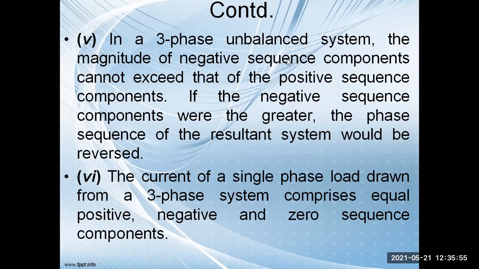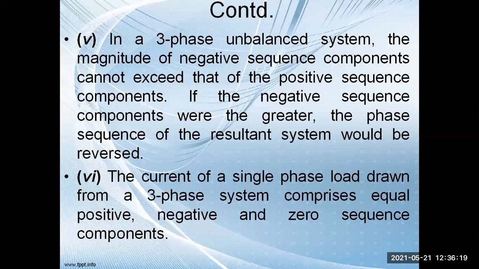Now, the current of a single phase load drawn from a three-phase system comprises equal positive, negative, and zero sequence components of current. To understand this, see, if you are drawing a single phase load in your household application, will all these sequence components of current exist?